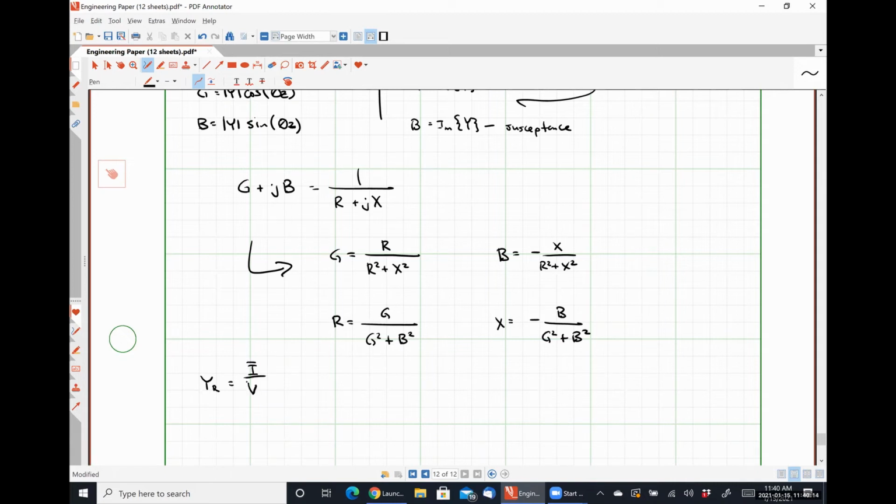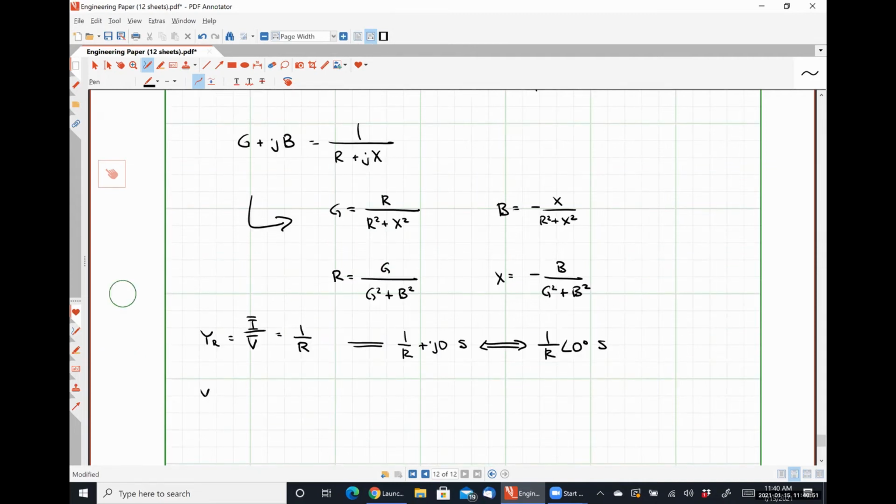So using the definition of admittance, the admittance of a resistor is simply phasor current divided by phasor voltage, which is 1 over R, which means we have 1 over R plus j0 siemens, or ohms to the negative 1, in rectangular form, which is 1 over R angle 0 degrees siemens in polar form.